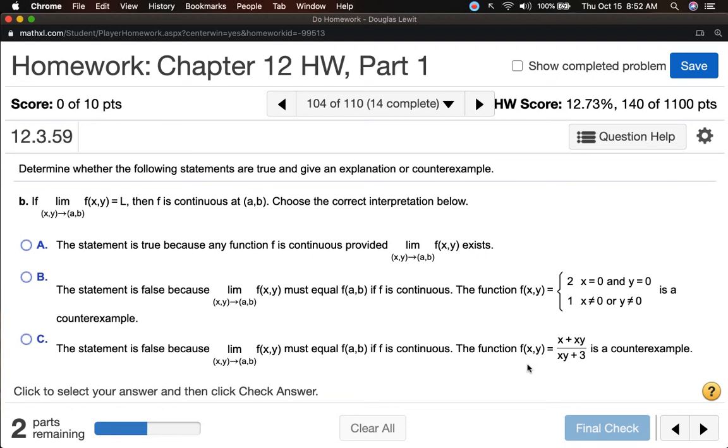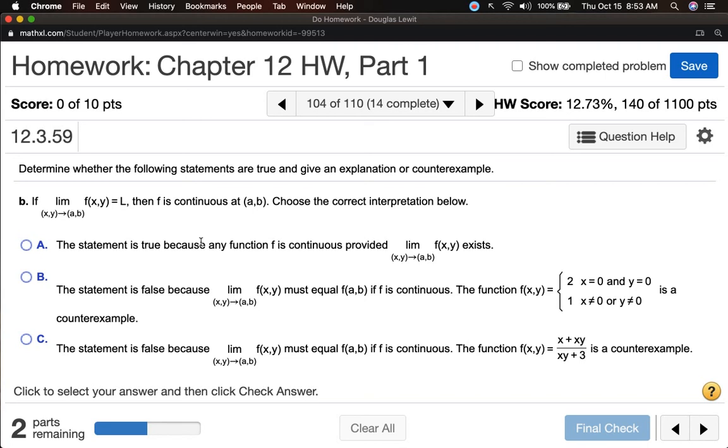So part B, if the limit as x and y approach a and b, where a and b are actually real numbers, of f of x and y is equal to a certain number L, then f is continuous at a and b. Choose the correct interpretation below. That's not necessarily true. It actually depends on the function definition.